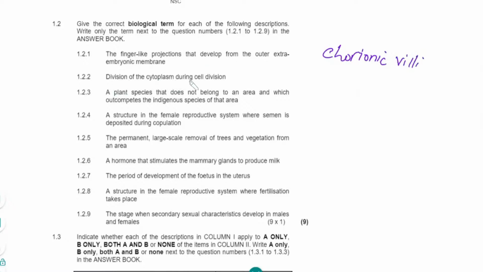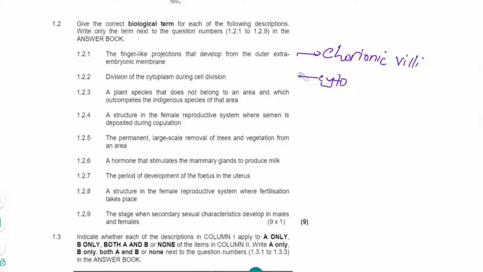Division of the cytoplasm. When you talk about the cytoplasm, cyto is the start, so your answer must start with the word cyto.